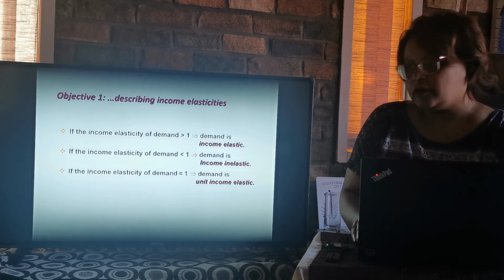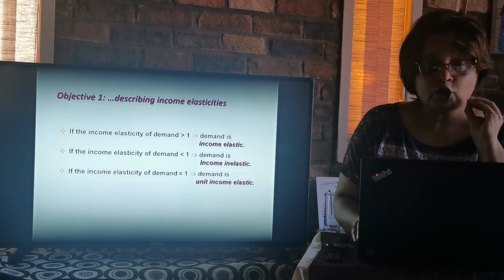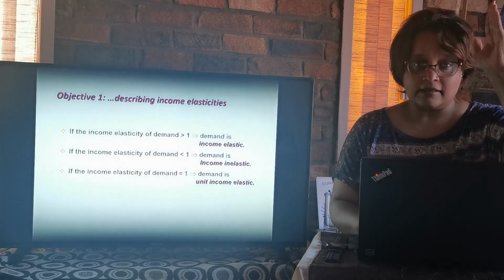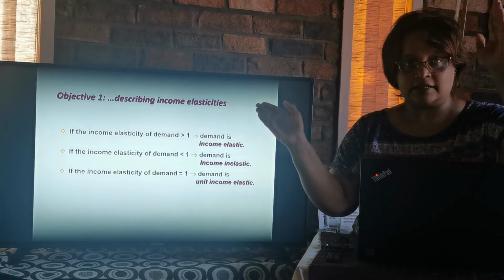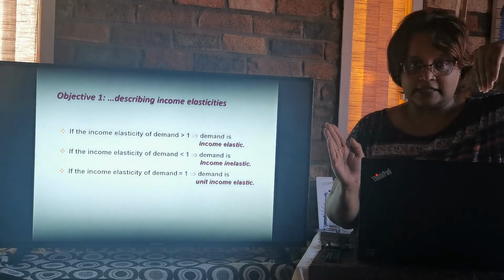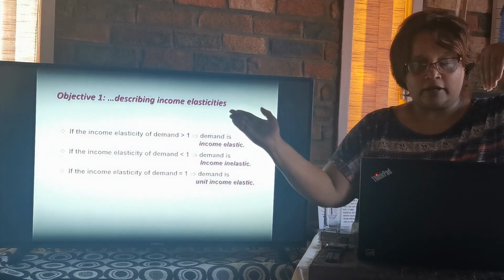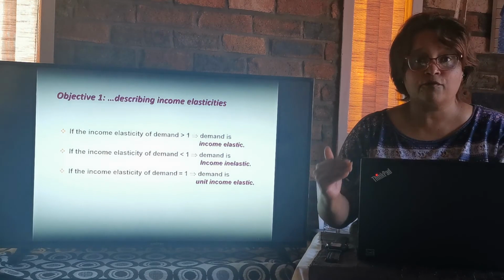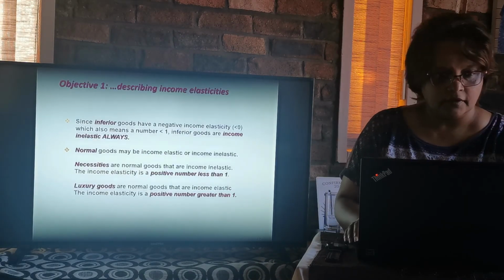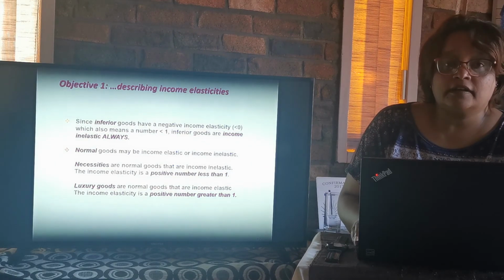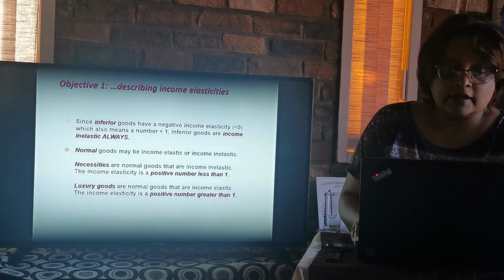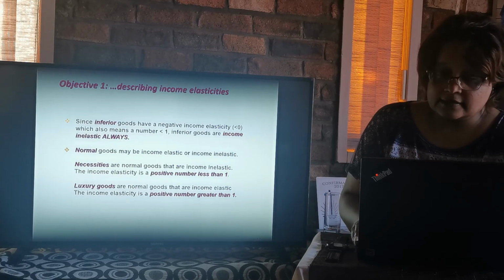If the income elasticity of demand equals 1, we say it is unit income elasticity or unitary elasticity, because 1 increase in price, 1 increase in demand. 1 decrease in price, 1 increase in demand, depending which one you're doing, supply or demand. So 1 for 1. Since inferior goods have a negative income elasticity, we say that it's an inferior good. Normal goods may be income elastic or income inelastic.